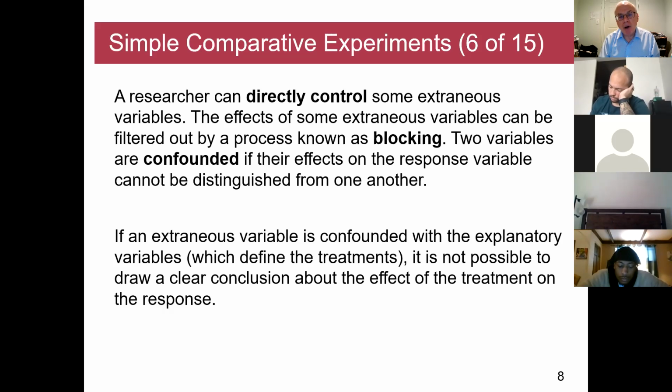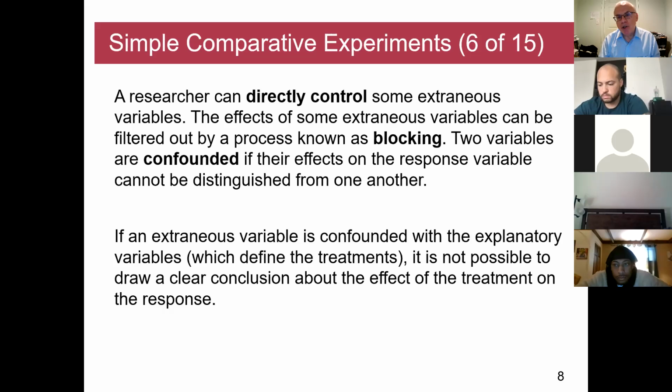We could say, all right, we're going to break up our experimental group into two groups, males and females, because we think the differences between those two groups could also explain the changes in the response variable. So this is one way of controlling for it: we're going to run each of our treatments within each of these subgroups, males and females. And that way, within each group, the extraneous variable is the same, all right? All the males, same. All the females, the same.